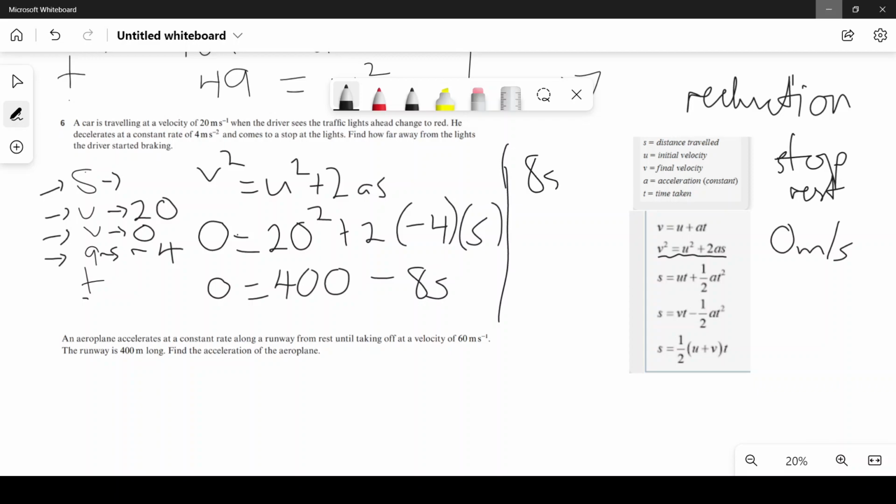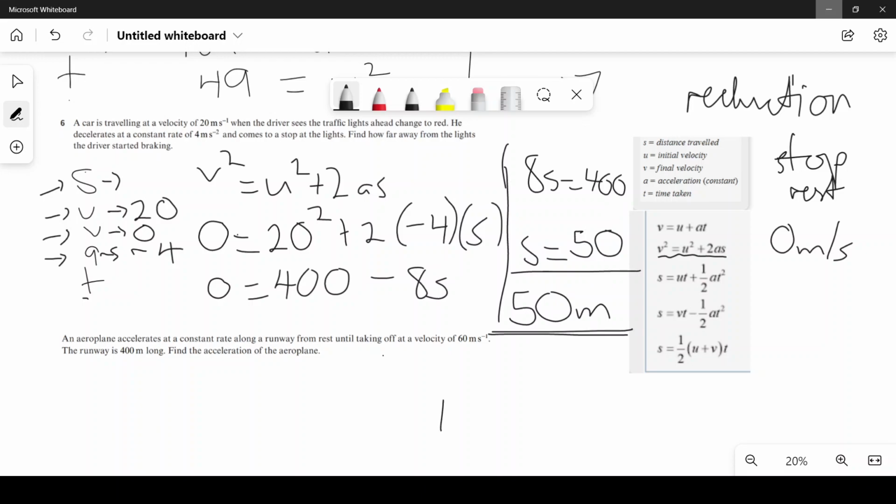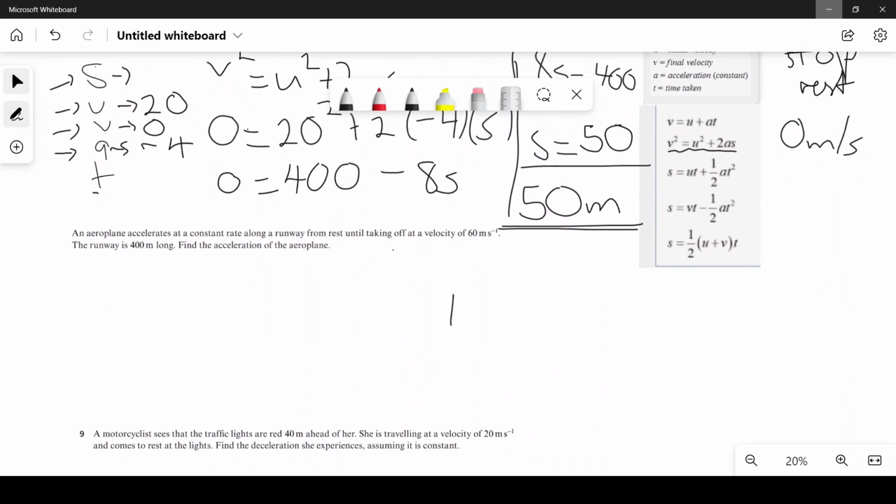So then s will be equal to 400 divided by 8. That's going to be, I think, 50. Yes, 50. And we need to include units here, so we're going to say 50 meters. Then we can try out the next question.